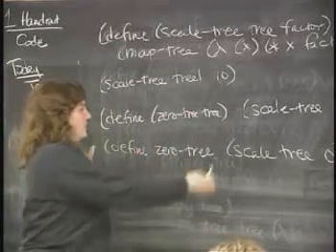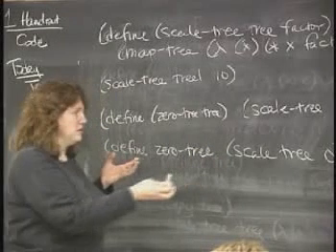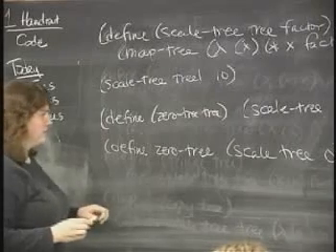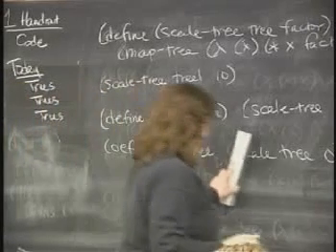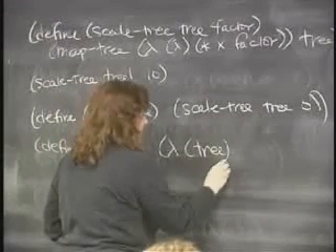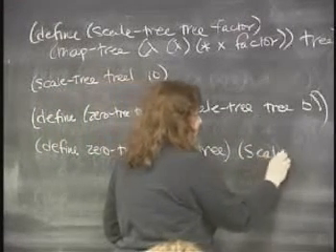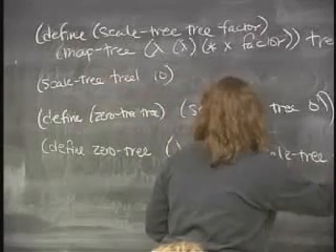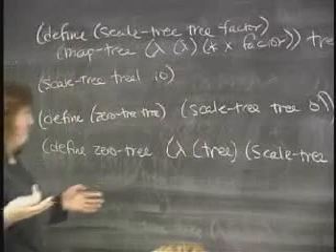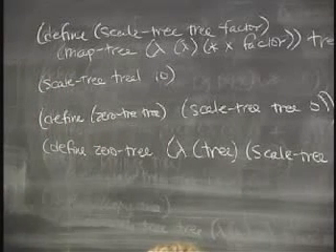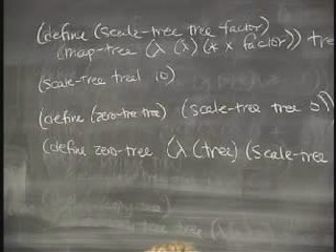So I could define something that wraps it. So I could say lambda tree, scale tree, tree 0. Is that any different than actually writing it this way? It's a desugared version, right? So either one of those is going to be fine.